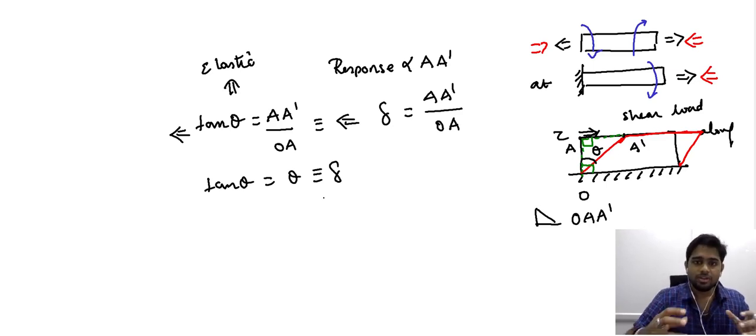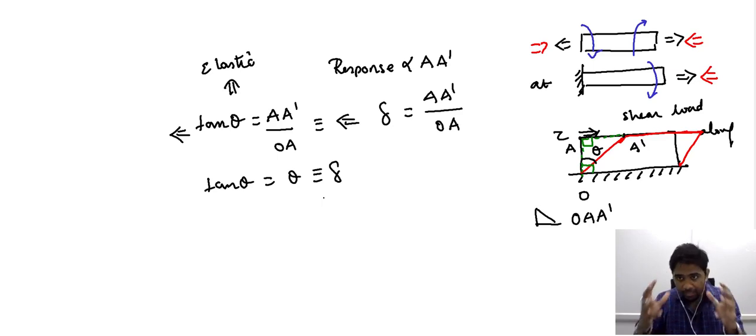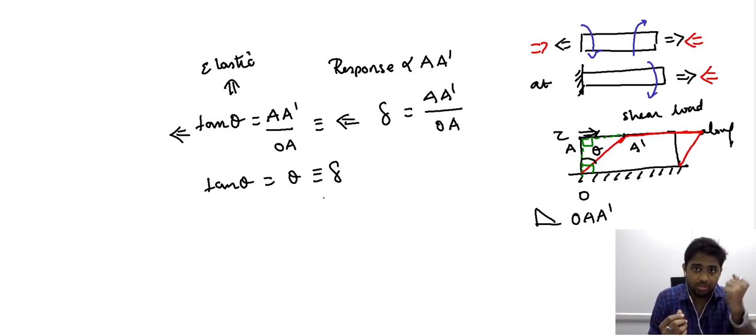Now, when you want to have a completion of the description of the mechanical behavior, we saw that we need two components. One is we need to be able to express the mechanical condition, and we need to be able to describe the response of the material to the imposed mechanical condition.